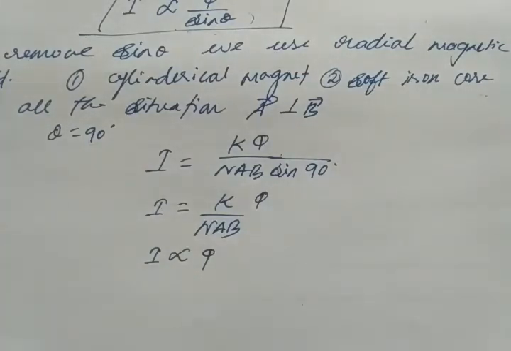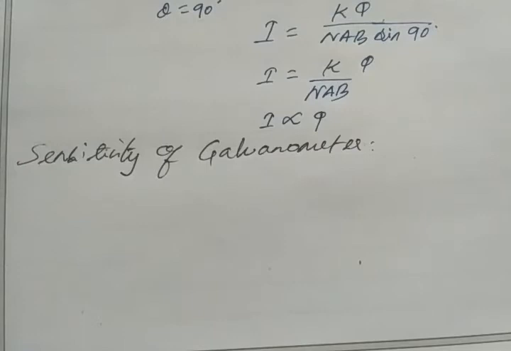The next important point in this topic is the sensitivity of a galvanometer. So what is meant by sensitivity? If we say a person is a sensitive person, what does that mean? If we tease him very slightly, he starts to cry. Some of the guys, some of the girls are like that, right? So because of that, we call him a very sensitive person.